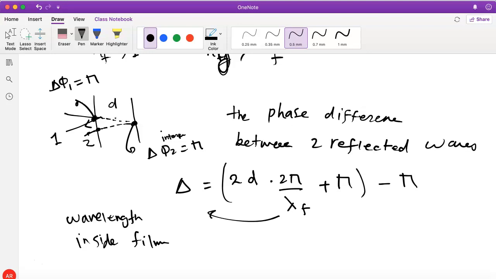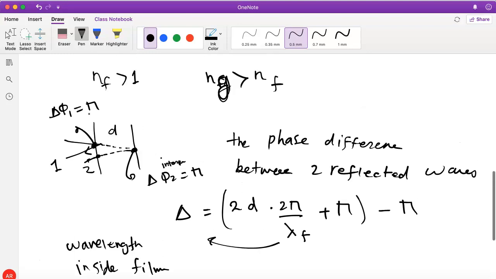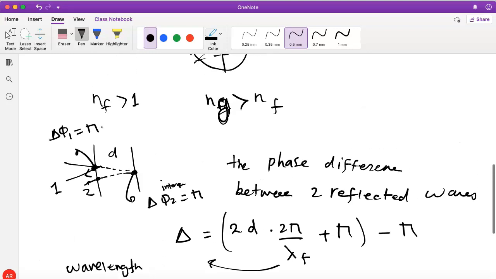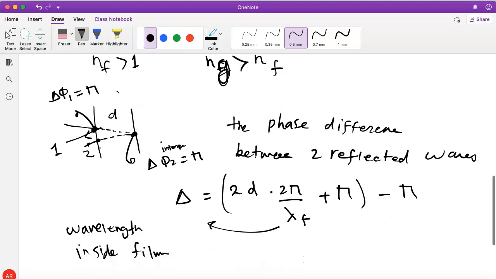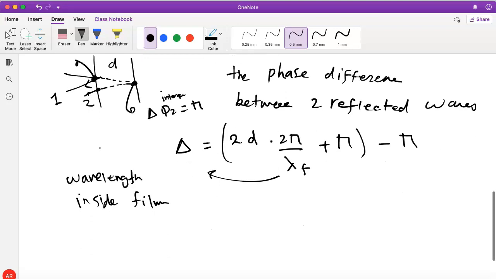So because both of them are reflection where the incident wave is in a medium that has a smaller index of refraction, so here let's say we have 1, let's say here maybe the glass is 1.5 and this is 1.2, the phase shifts at the interface don't do anything.